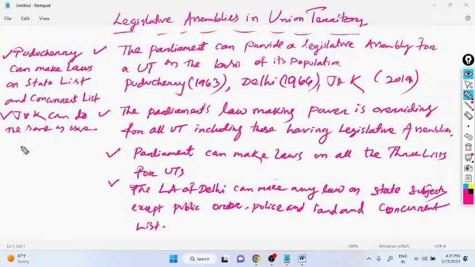Okay, so these are the major parts. And with regards to the president... So kindly take a note of this.